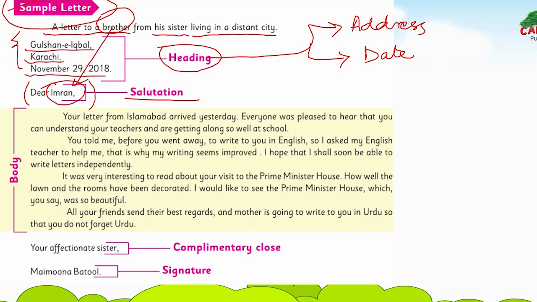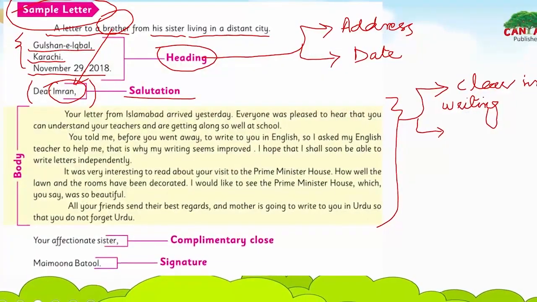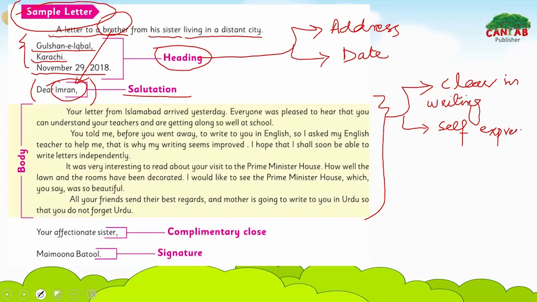Here comes the portion known as the body. Now the thinking and writing skills come in. In writing the body, first, you should be very clear in your writing. Second, you should have in your mind what is going to be expressed here, so you should be self-expressive.